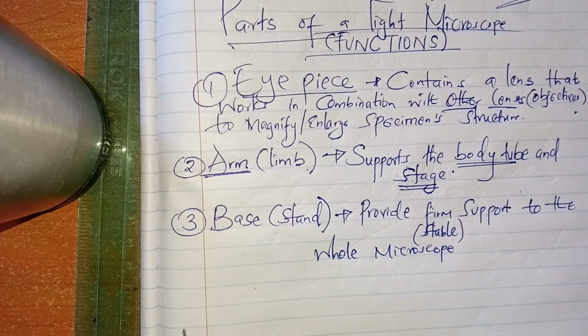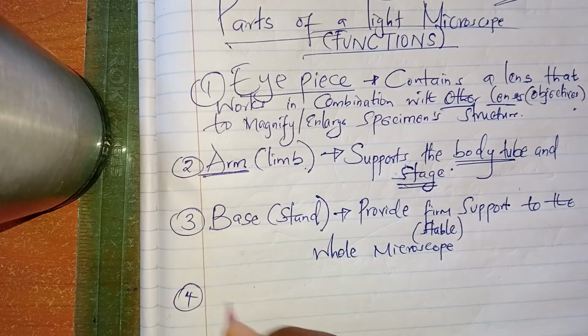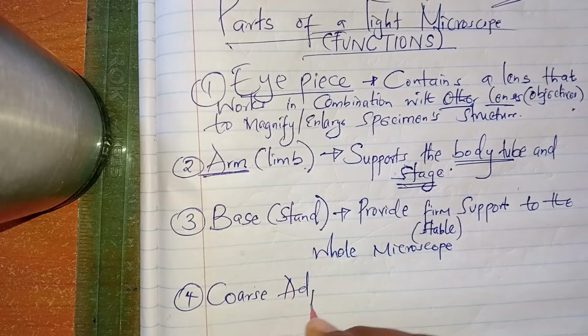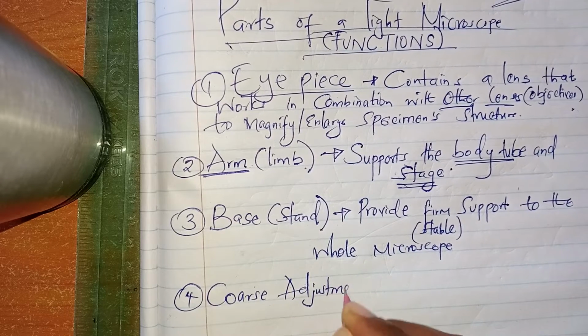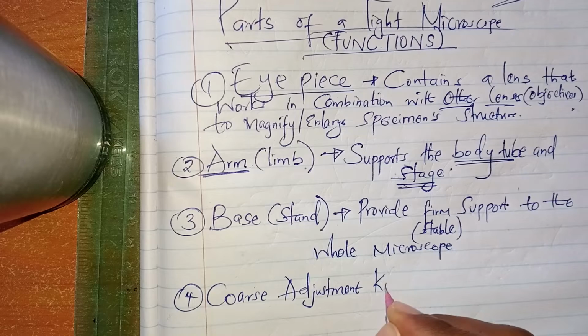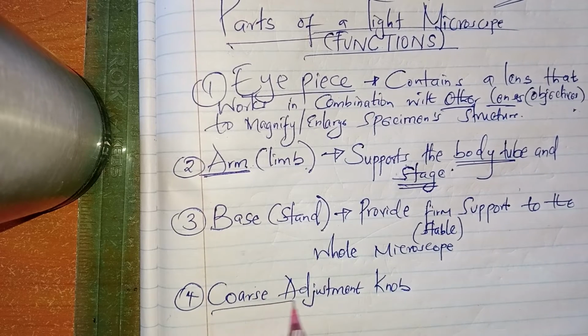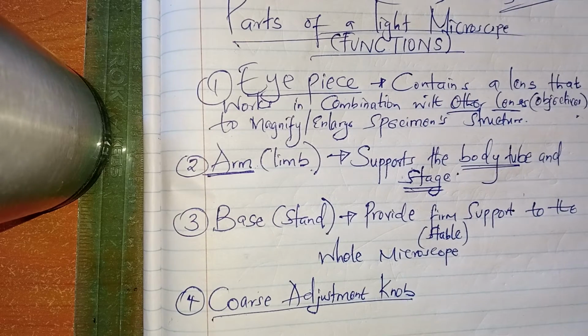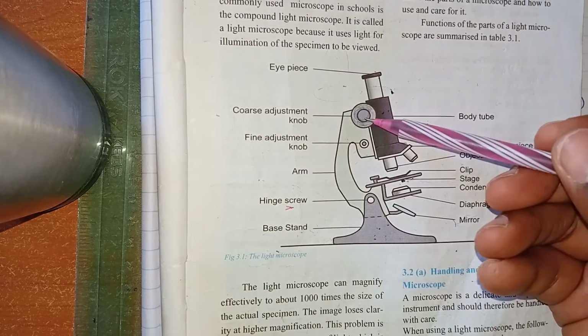Number 4, coarse adjustment knob. The bigger knob. This one is used in raising and lowering the body tube. Let me show you that one. This big one here.